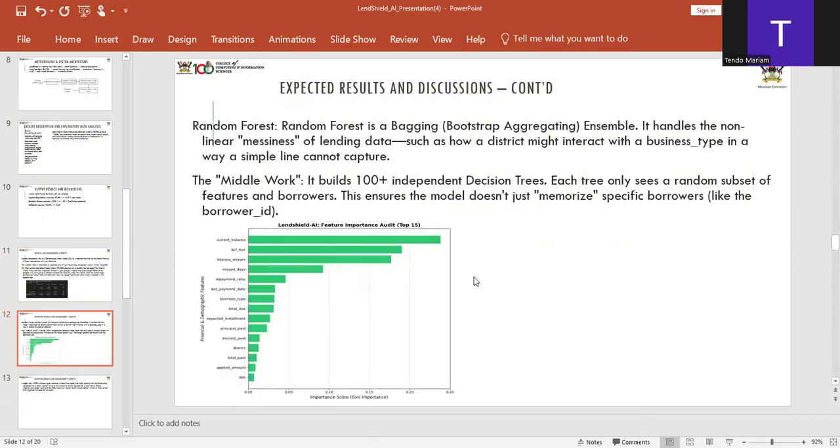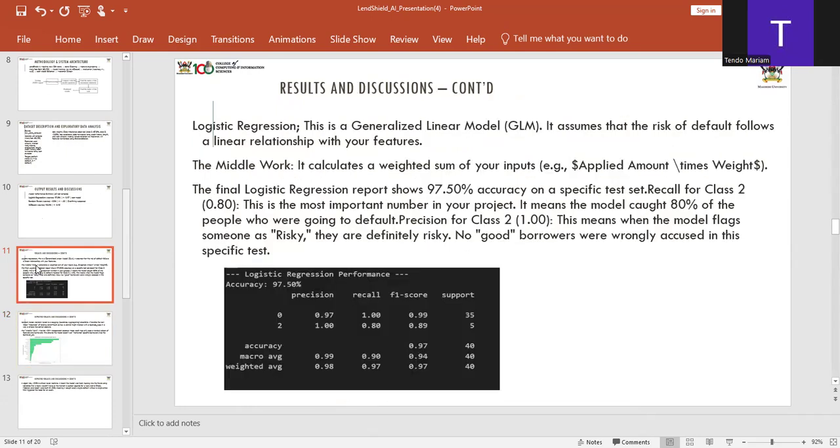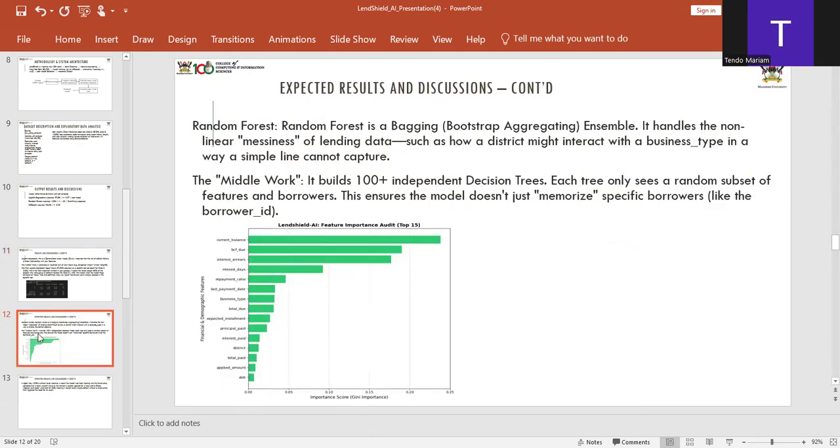Before we go to the random forest, logistic regression was not accurate enough. It didn't give me accurate results because the data set was small. So I used the random forest, which handles the non-linear messiness of lending data.